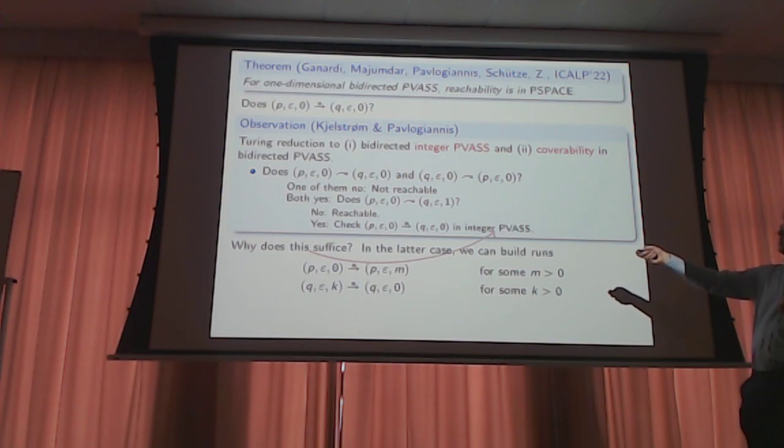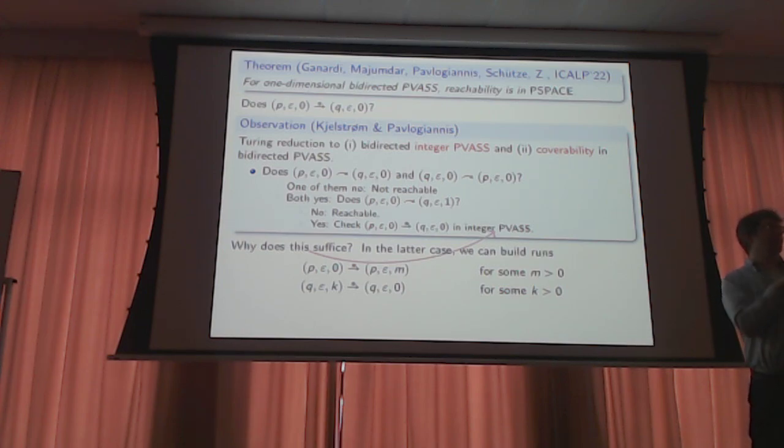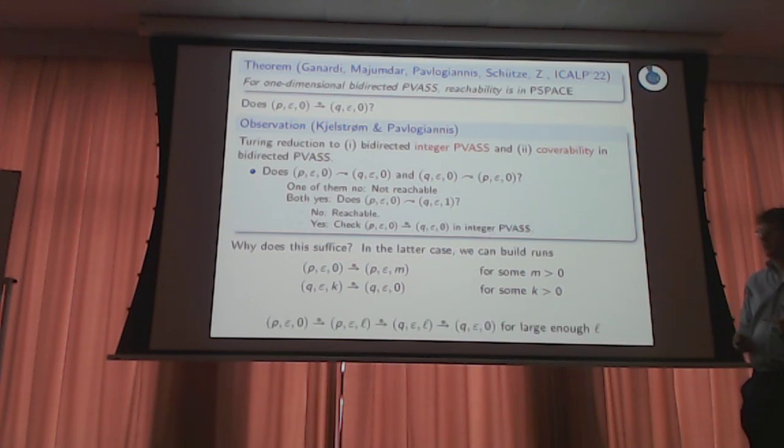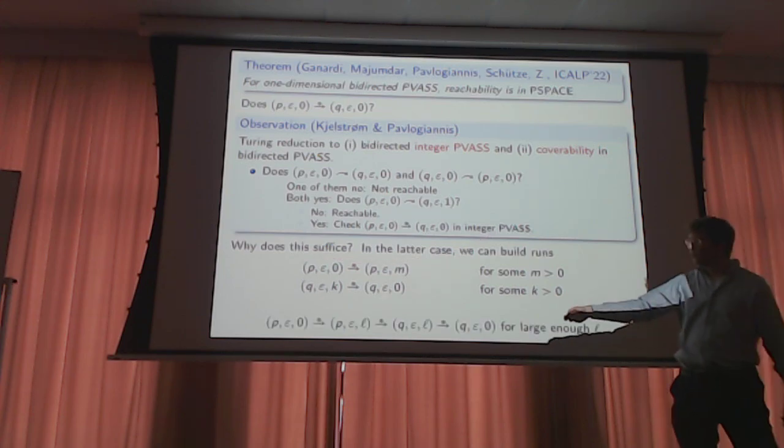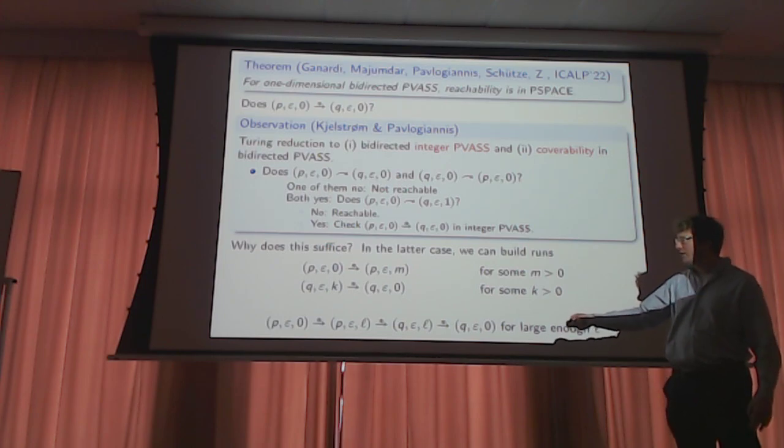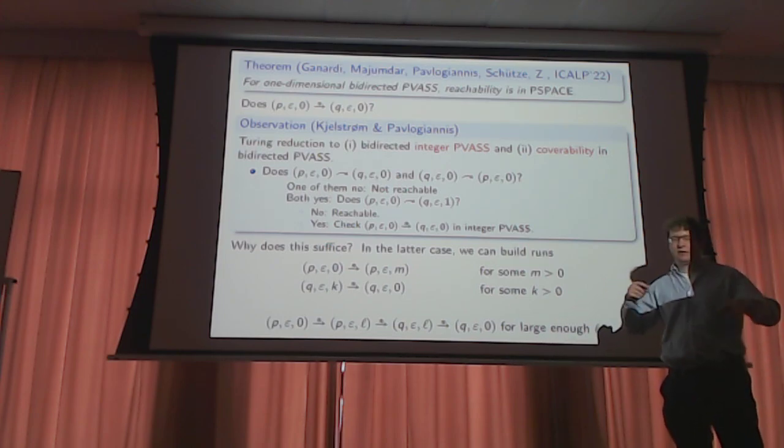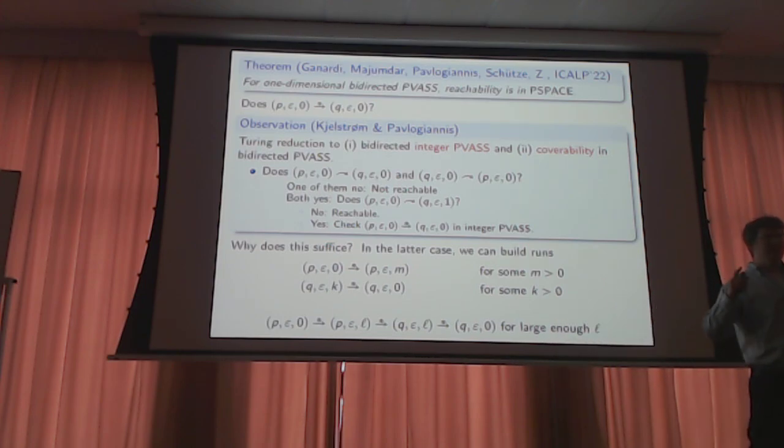We also know we can go back while at least not making the counter smaller. So by putting the two together, we get a loop that increases the counter from P. And the same argument gives you one for Q, a loop that makes the counter larger there. So then it's a classical trick: make the counter larger and larger with the same L, by taking some common multiple. And then if you know integer PVAS reachability in between, then that's reachability in general if you make the L larger.